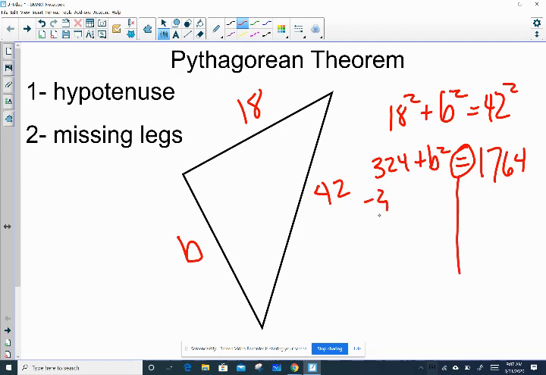Subtract 324. So I get 1764 minus 324 is 1440. So I get b squared equals 1440. Okay, so now remember, to get rid of the squared, we take the square root.